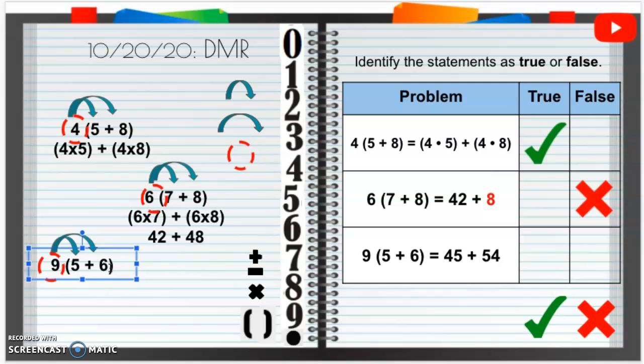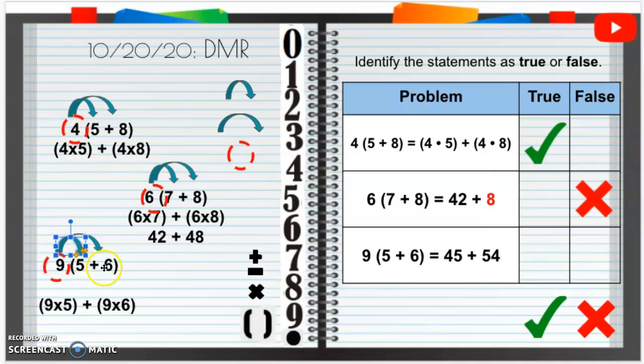So we have 9 times 5, keep that plus, and then we have 9 times 6.